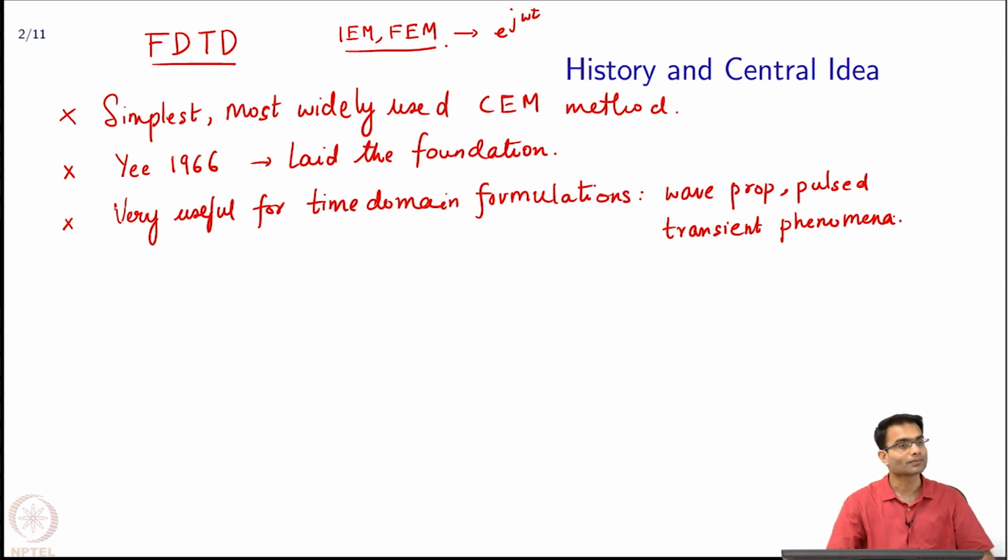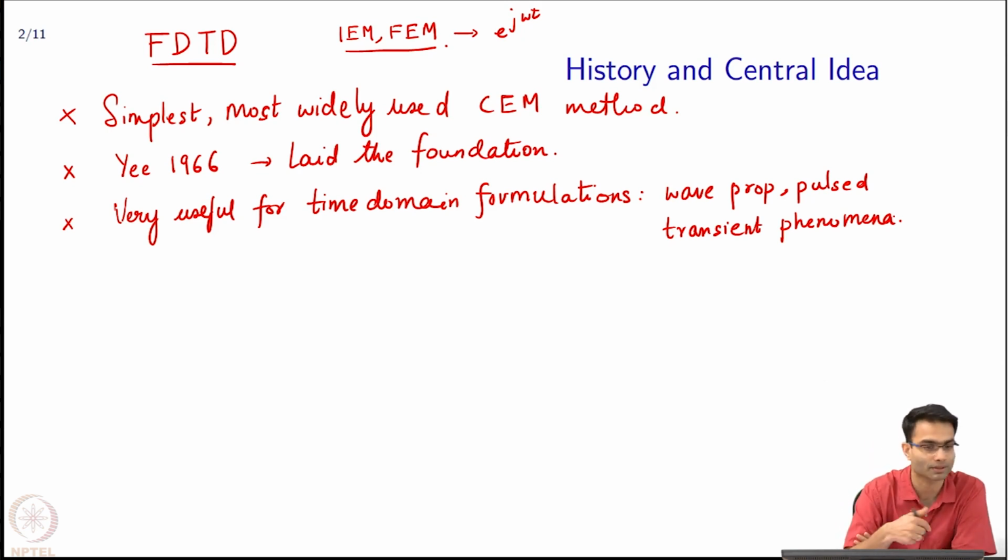Natural phenomena, lightning, right? Very sudden burst of electromagnetic energy. In terms of frequency content, it will be all frequencies, but in time domain, it's localized to a very small point in time. So that might be one example where time domain formulation is better, right? So you can say switching in general.